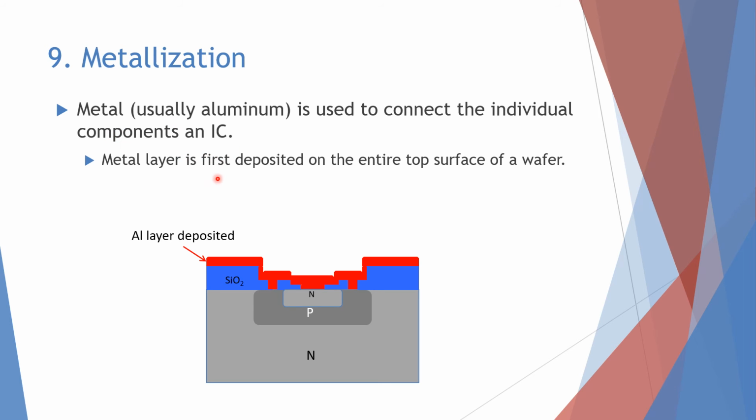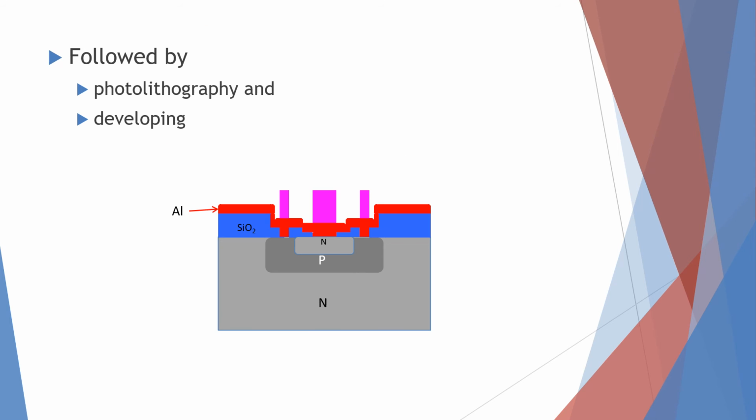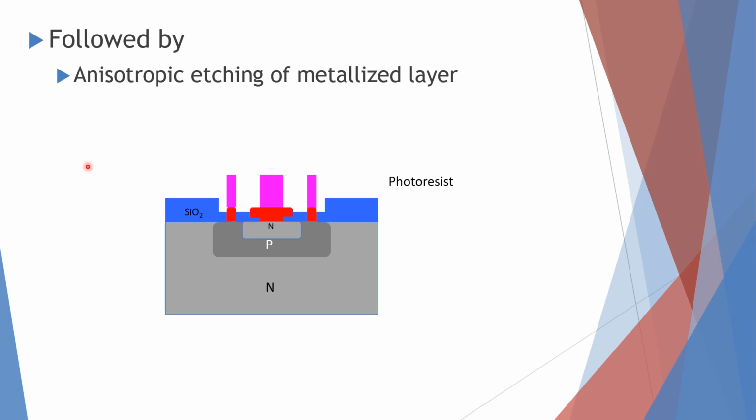So the metal layer is first deposited on the entire top surface of the wafer. First it is deposited on all of the layer, then it will be covered with the photoresist, and then the photolithography will take place in order to get the right pattern for the circuit, and then the developing will take place, and then the etching process will take place to get the very straight part here.